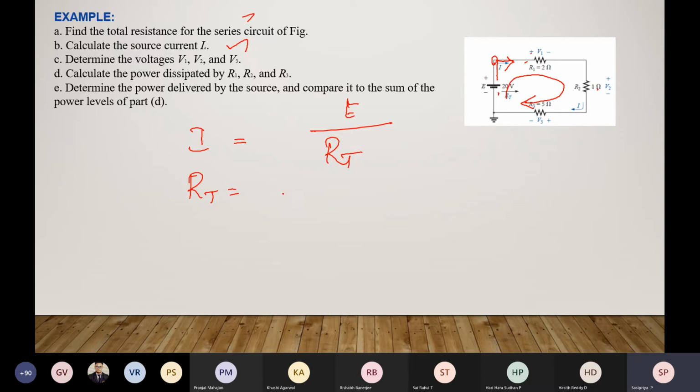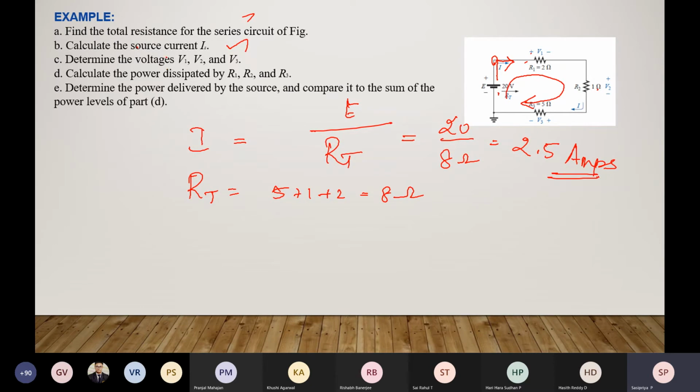It's going to be 5 plus 1 plus 2, so it is 8 ohms. Now I is the voltage source, 20 volt, divided by the total resistance, 8 ohms, so we have 2.5. Am I right? Yes, ma'am. Very good. So the source current is 2.5 amps.